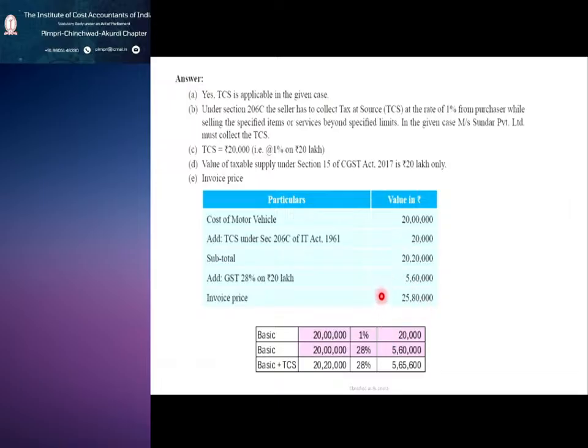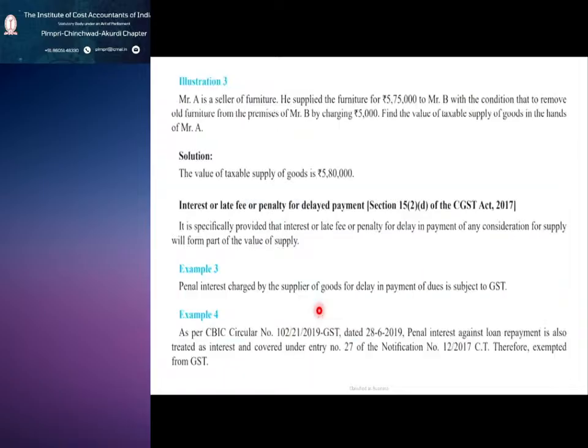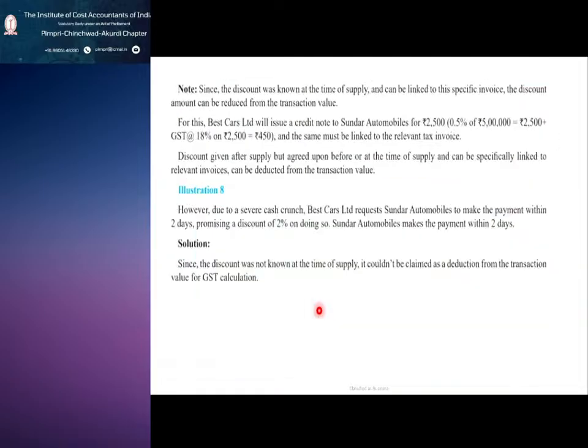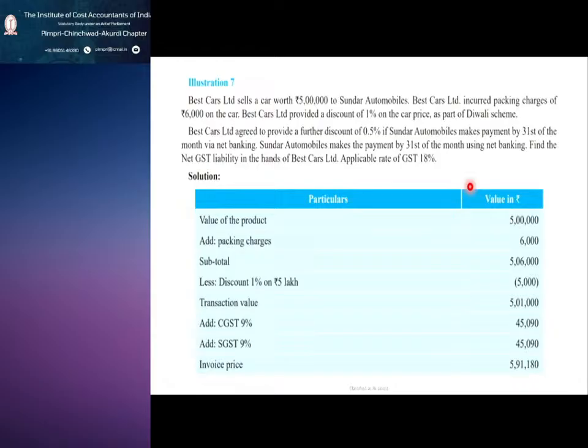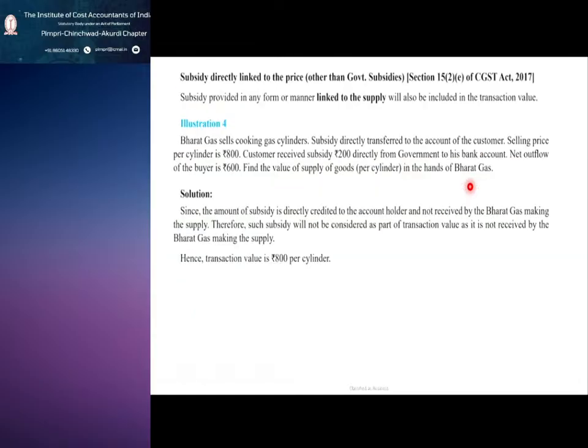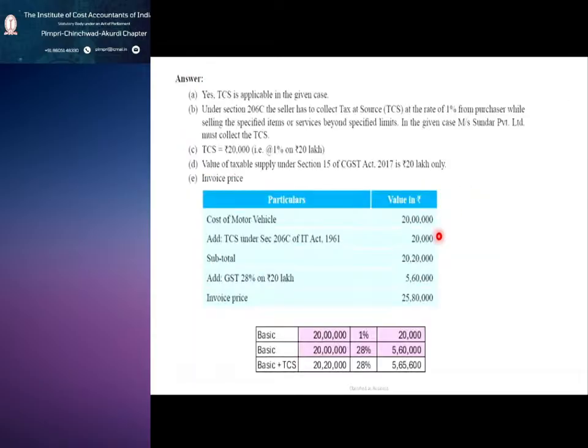I am showing this because tomorrow if any question is asked, you should not add that 1% TCS, otherwise your calculation may go wrong. So TCS you can collect from the customer, but GST should not be calculated on this TCS amount.